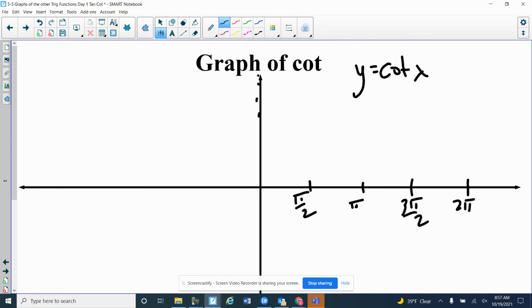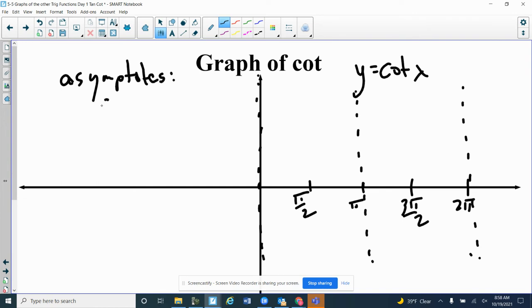So now the asymptotes are at 0, and guess where the next one is going to be? Pi. Yeah, pi. And at 2 pi. So here we have asymptotes at 0 and pi, and so on.